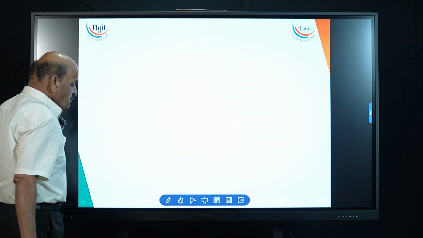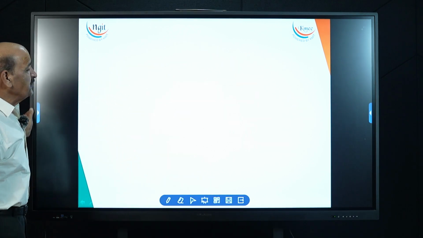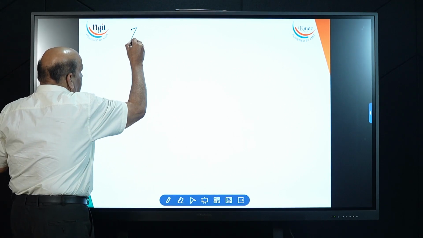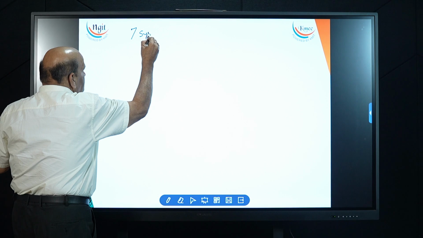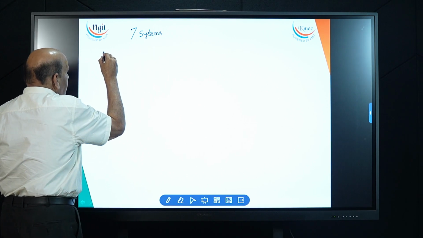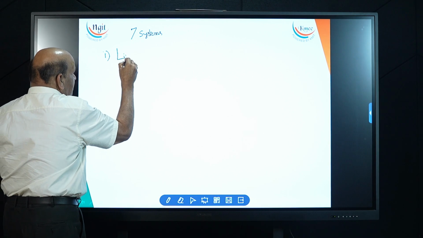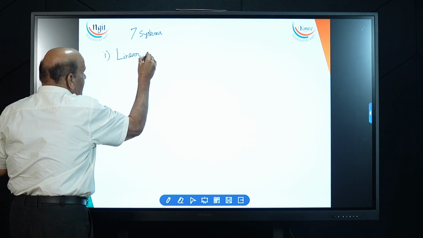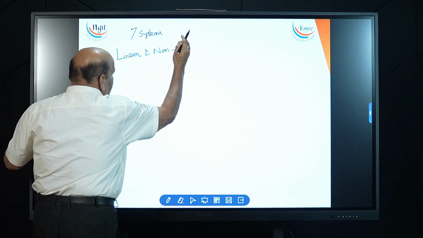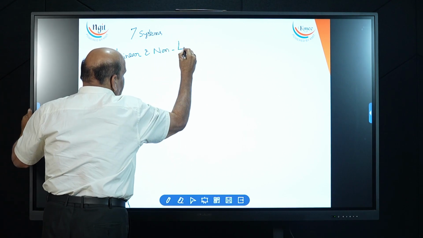As per our OU syllabus, there are 7 systems given. Look, the first concept is linear and non-linear systems.